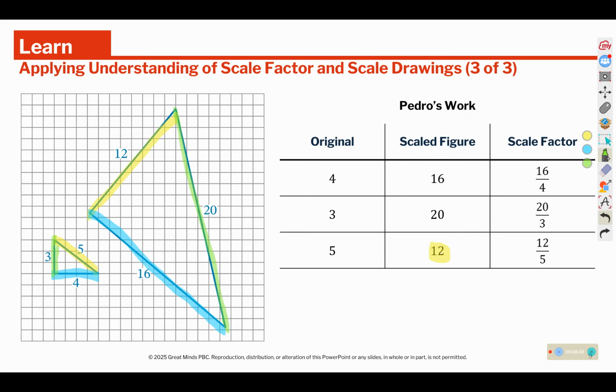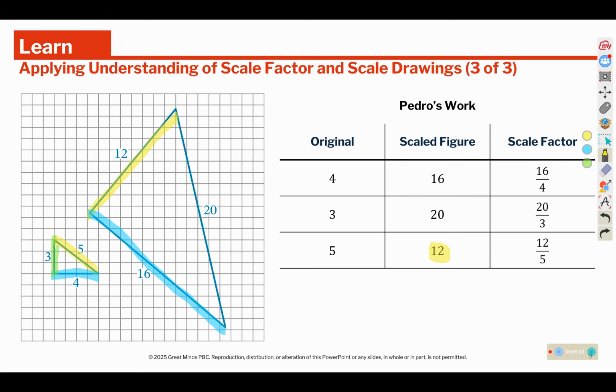But you'll notice here, there's a right angle between the 12 and the 16, but not between the 5 and the 4. So it appears that Pedro may have mixed some things up.